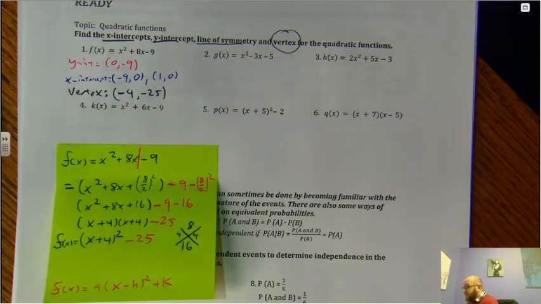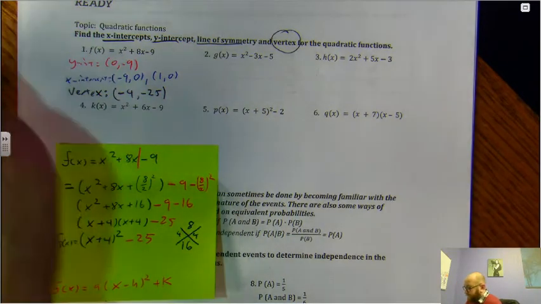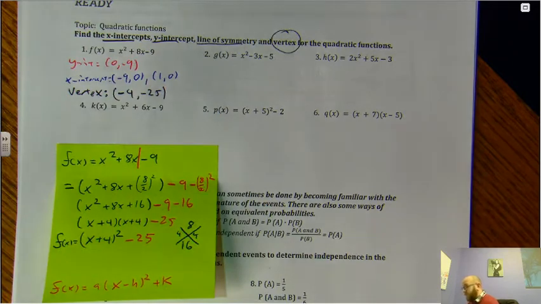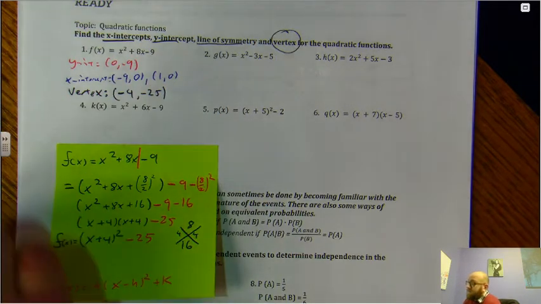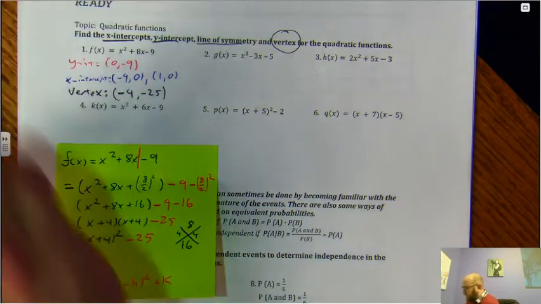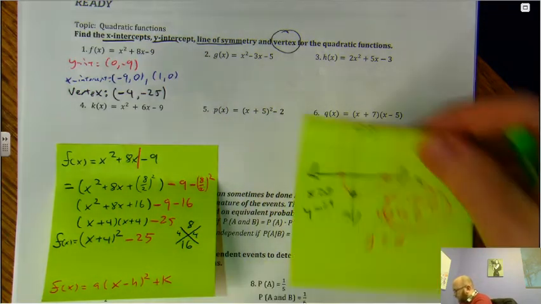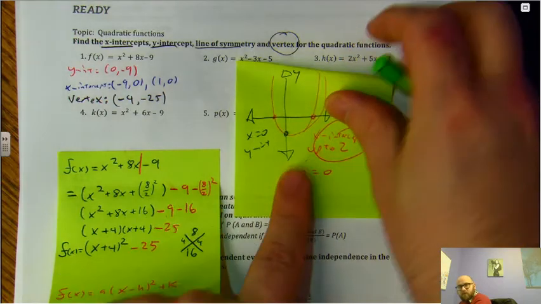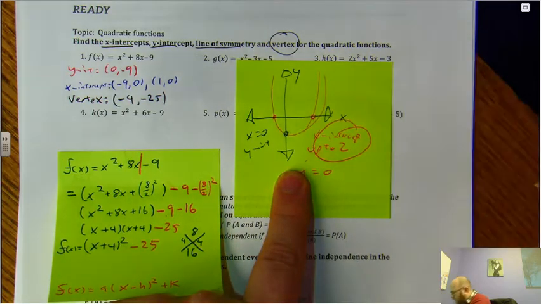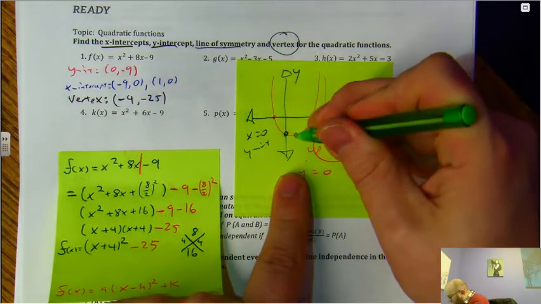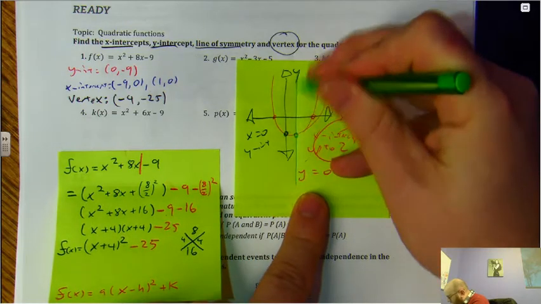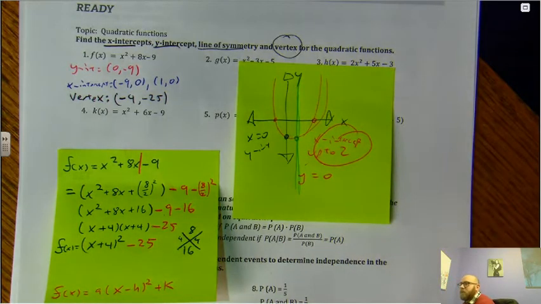And now the last thing that it wants me to find is my line of symmetry. For the line of symmetry, you have to think about what a parabola looks like. Here's our first parabola sketch. We have the vertex here, and that line through the vertex is going to be your line of symmetry.